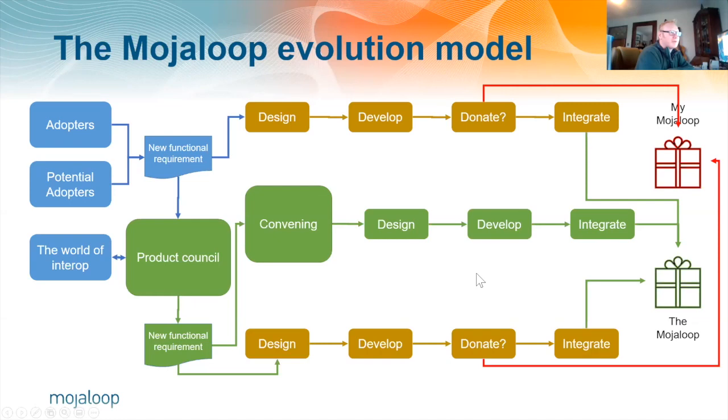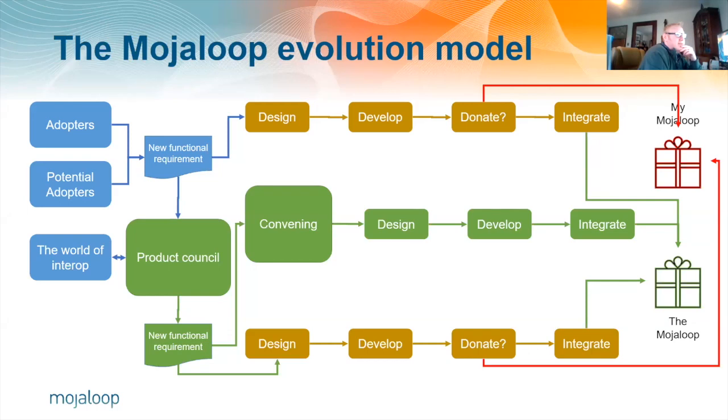Thank you, Michael. Hello, everyone. So this wonderful diagram that Michael's drawn for us, I think illustrates quite nicely the various pathways that exist at the moment for the evolution of the Mojaloop product itself.